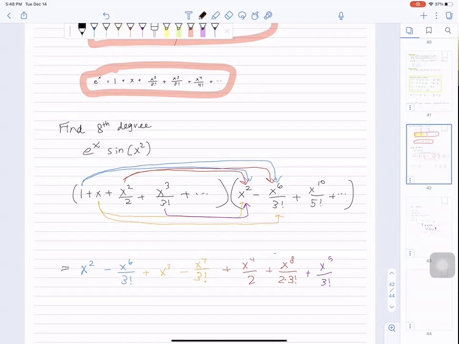So it turns out that for e to the x, if we continued writing this, x to the 4th times x squared would give you x to the 6th. So we could keep continuing that. x to the 5th would still work.